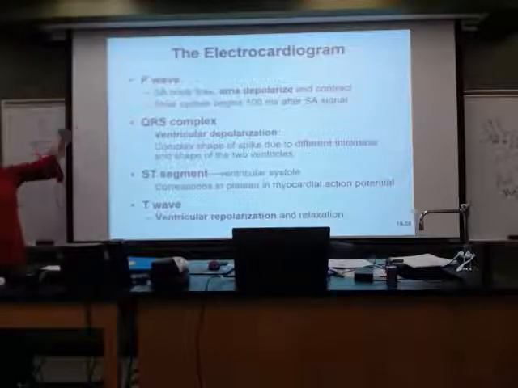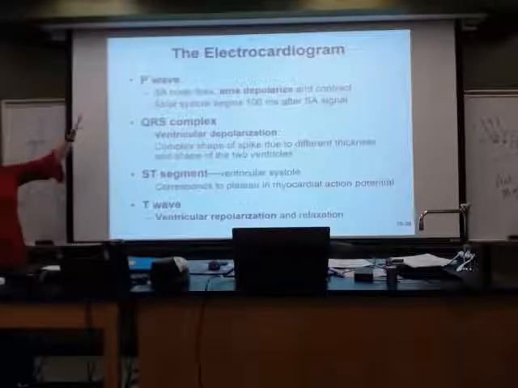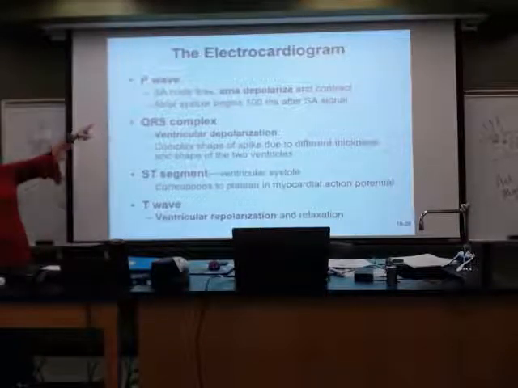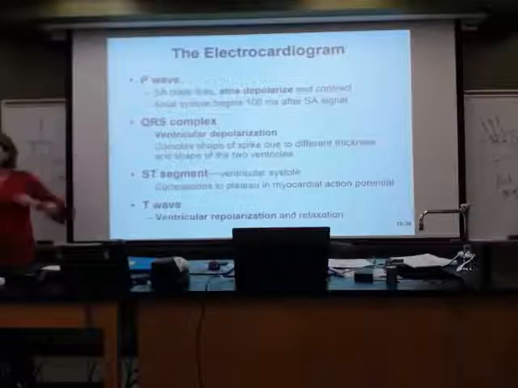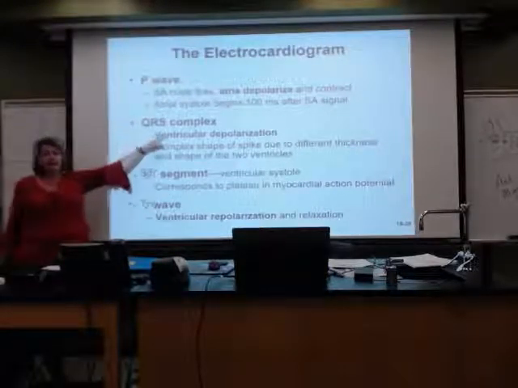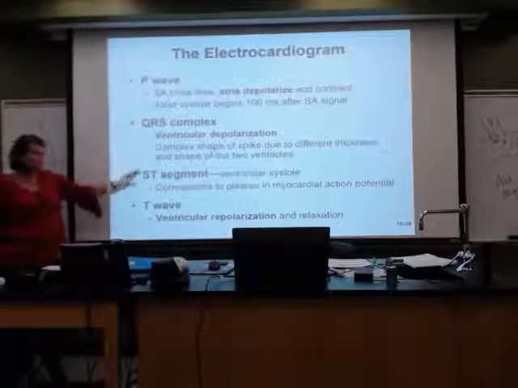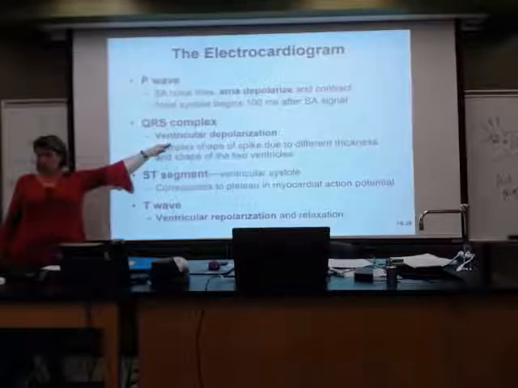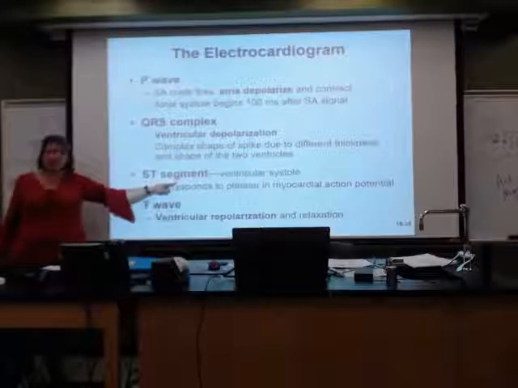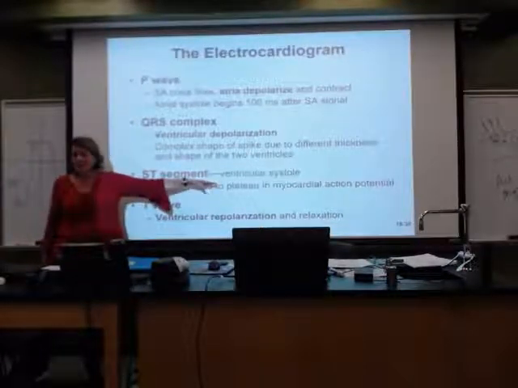When we look at what happens, the P wave is going to let that doctor know that the SA node and the atria are involved. The QRS complex is going to let that doctor know it's the ventricles. The ST segment is going to let the doctor know ventricle relaxation.